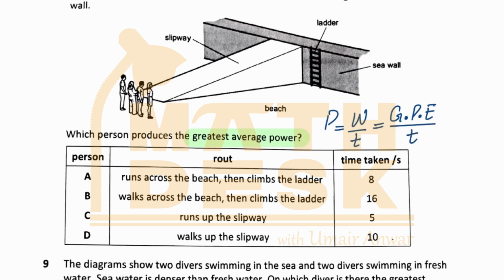So for having the greatest average power, we need to have the least time so that the quotient of this division is largest. So when the denominator is smallest, the answer would be the largest. So hence part C of this question would give us the greatest average power in this case.